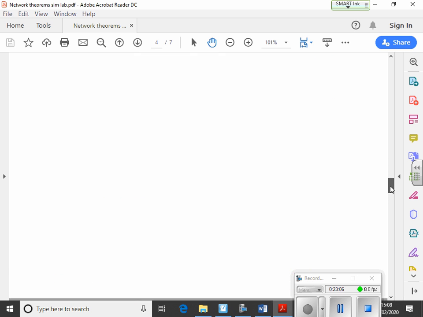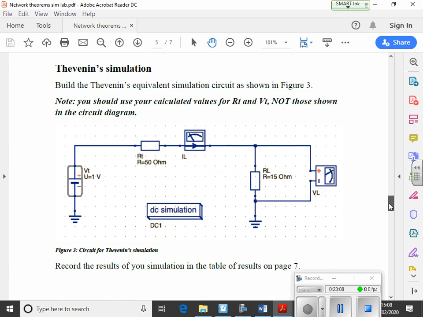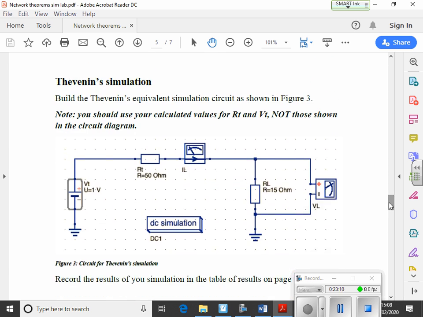Then you're going to set up either the Thevenin simulation. Here I've got Thevenin's voltage and Thevenin's resistor. Note the values in the picture are not what you're going to be using. You're going to calculate those. That would be your Thevenin's voltage, and there's your Thevenin's resistance in series.